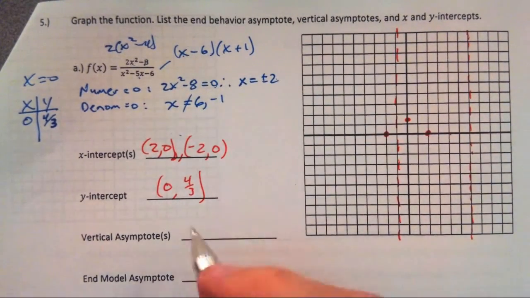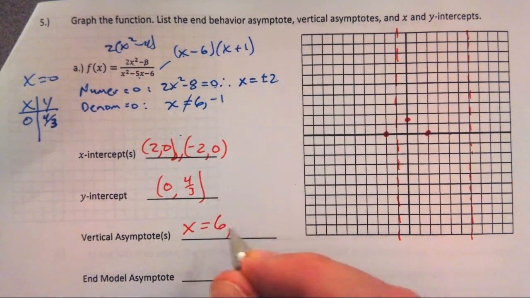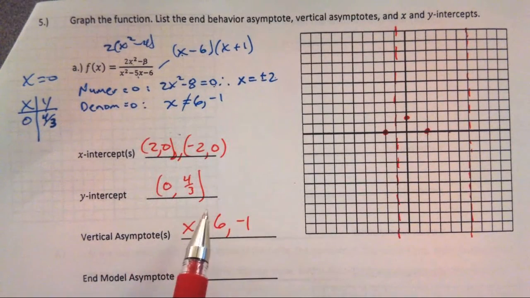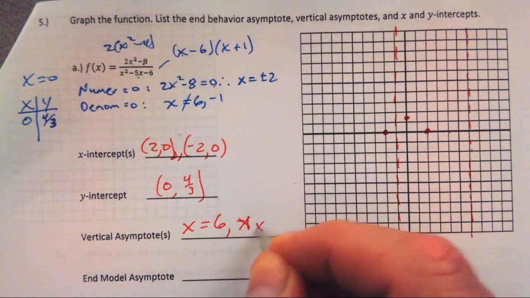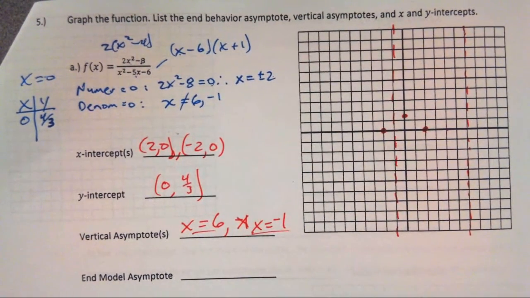So my vertical asymptotes occur at x equals 6 and negative 1. Now I wrote that up here as not equal to, but the equation of the asymptote is equal to. I probably shouldn't be that lazy. I should say x equals negative 1 and make a proper line out of it.